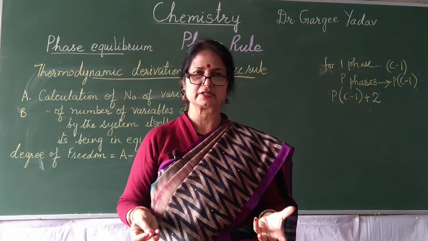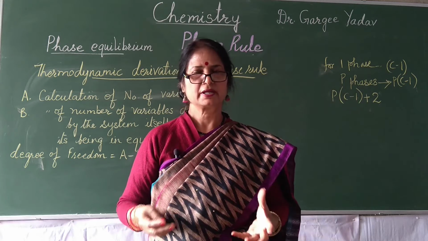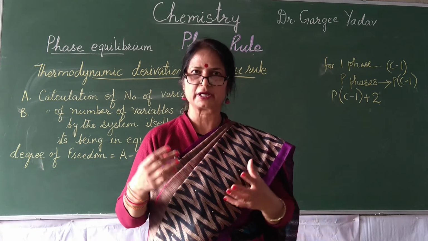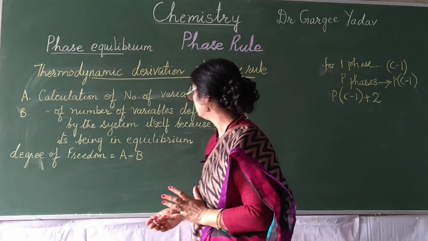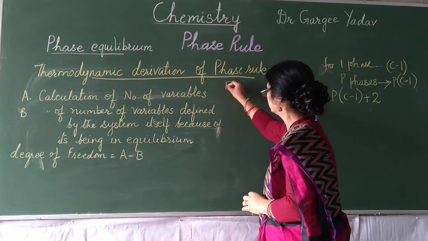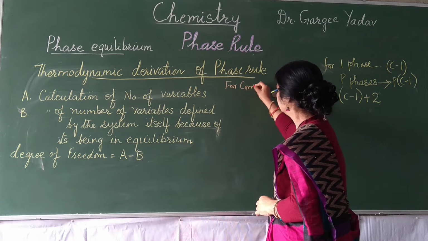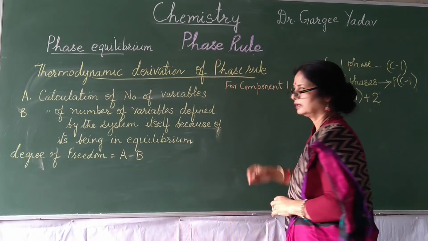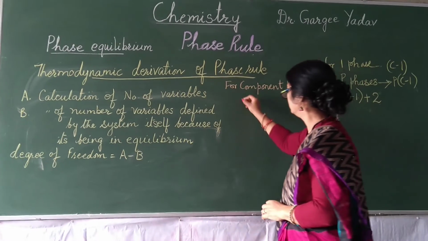Suppose there are three phases, then the chemical potential will be the same. Let us consider the chemical potential of component number 1. Let it be mu1. Mu is the symbol for chemical potential. For component 1, let its chemical potential be mu1.